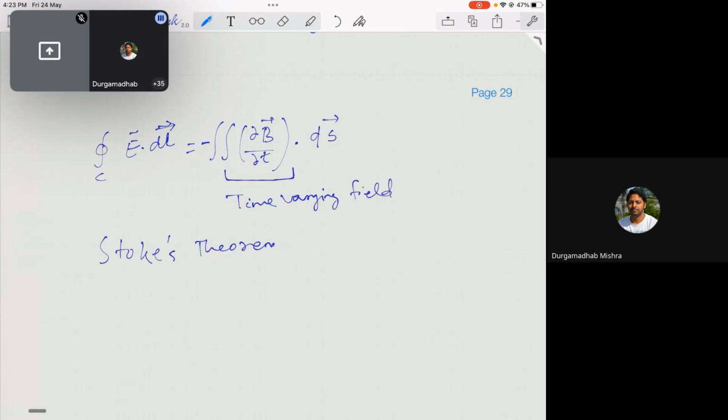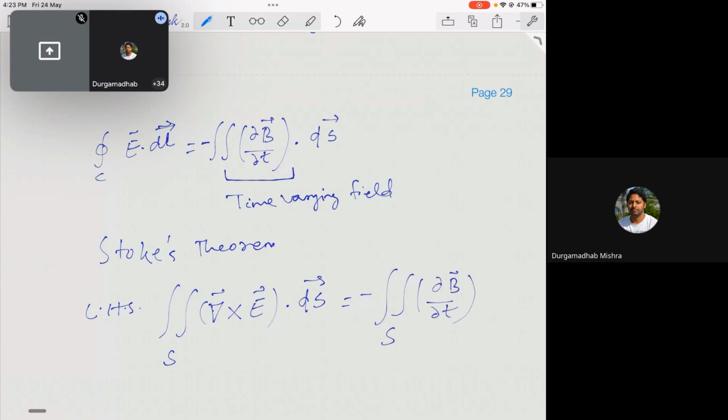Using Stokes' theorem, I can write the left-hand side as curl of E dot dS, which is over the surface, and this is equal to minus del B by del t dot dS.